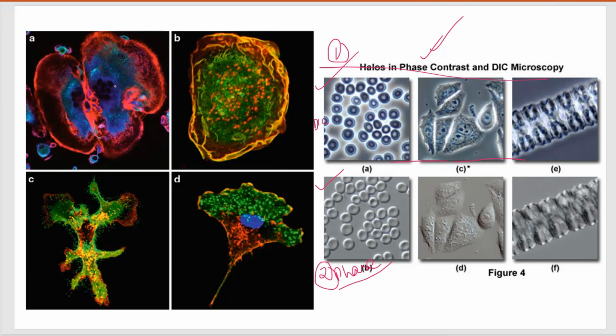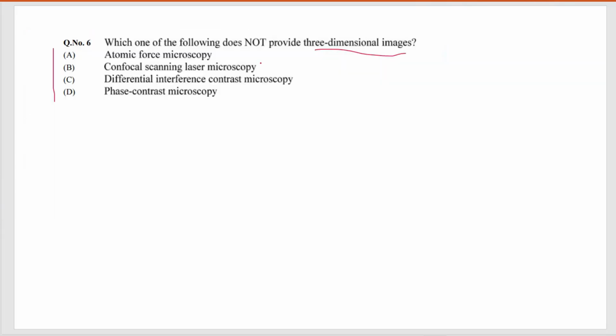Confocal will give a 3D image, and atomic force microscopy will always give a 3D image. So among all these, we have atomic force 3D, confocal 3D, differential interference contrast 3D. Only phase contrast microscope gives a 2D image. So the answer is D.